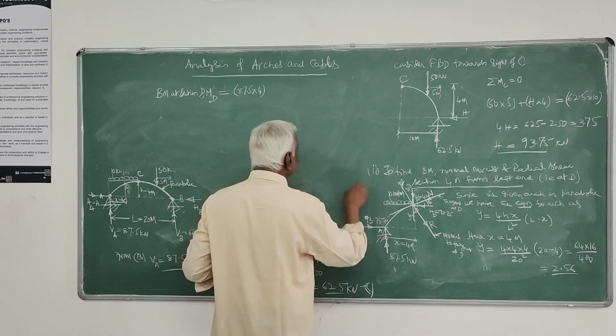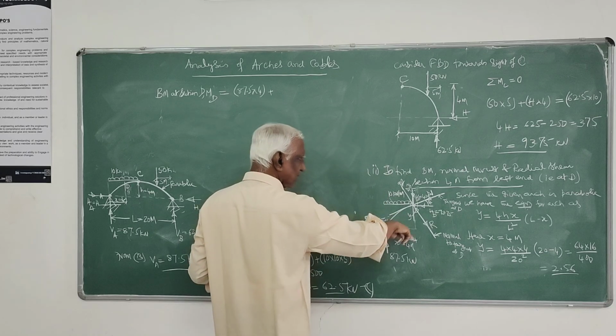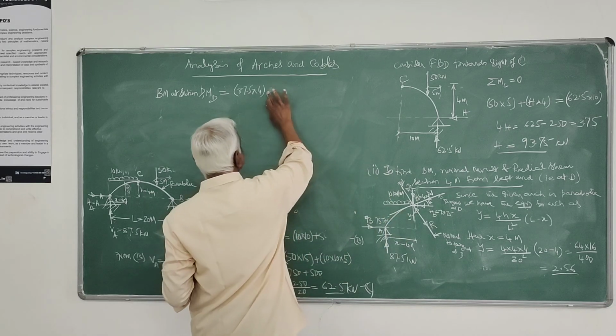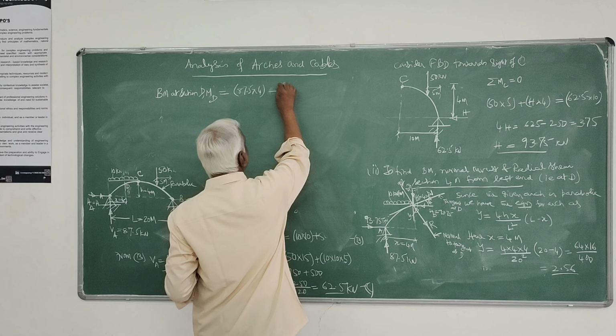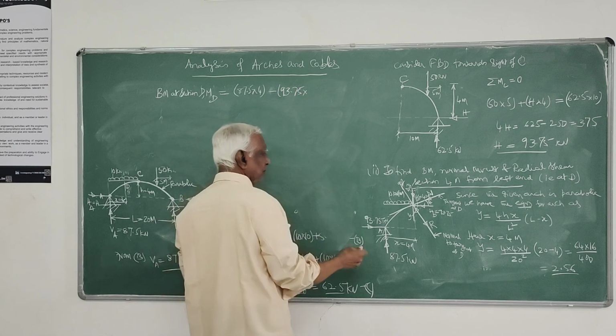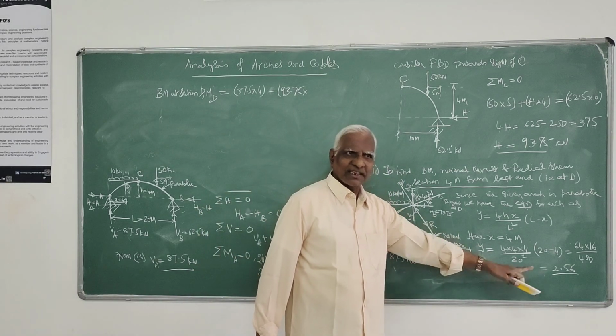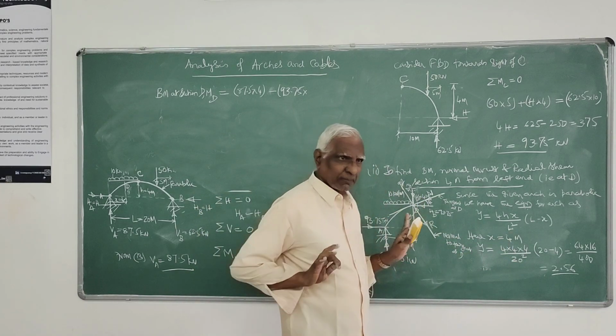Then this horizontal reaction, that's also anti-clockwise, so minus 93.75 into 2.56, the Y that I have already calculated. That's the only thing you have to remember.